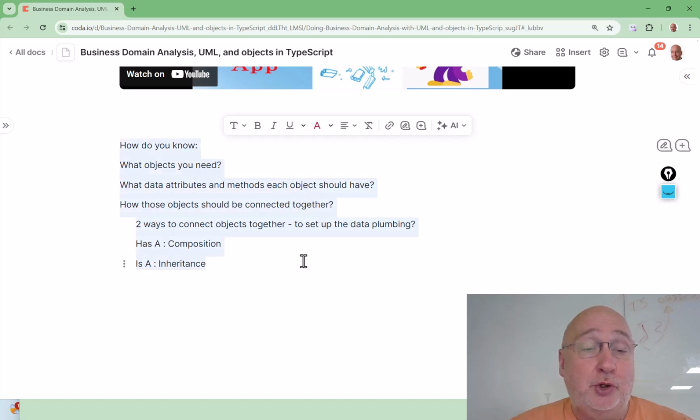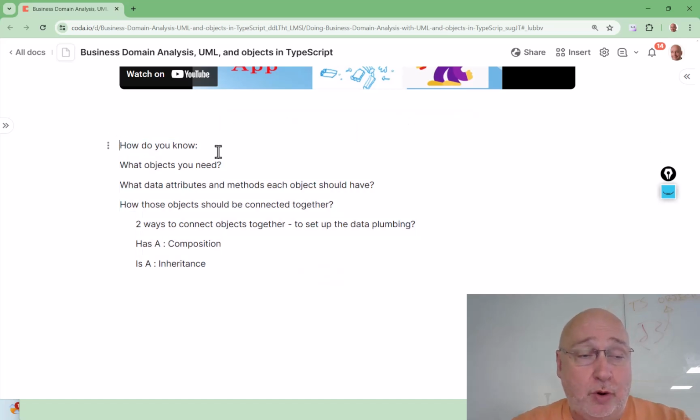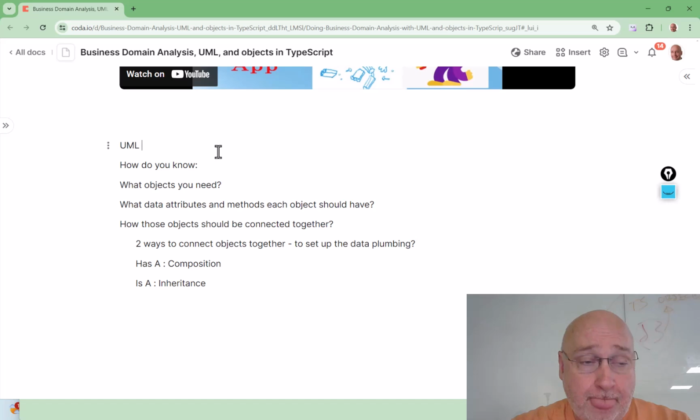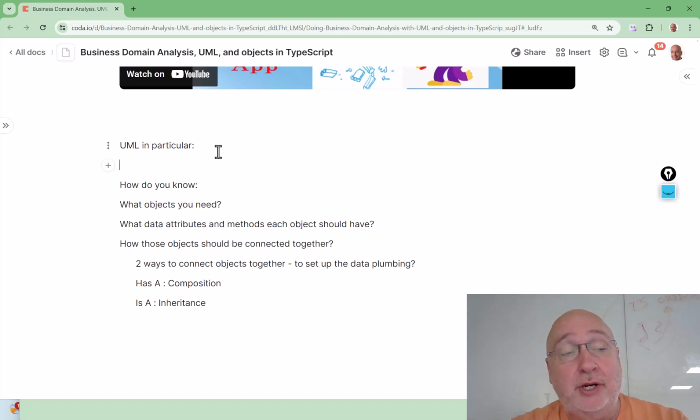And this answers questions such as the following here. So UML in particular, class interaction diagram and object interaction diagram.